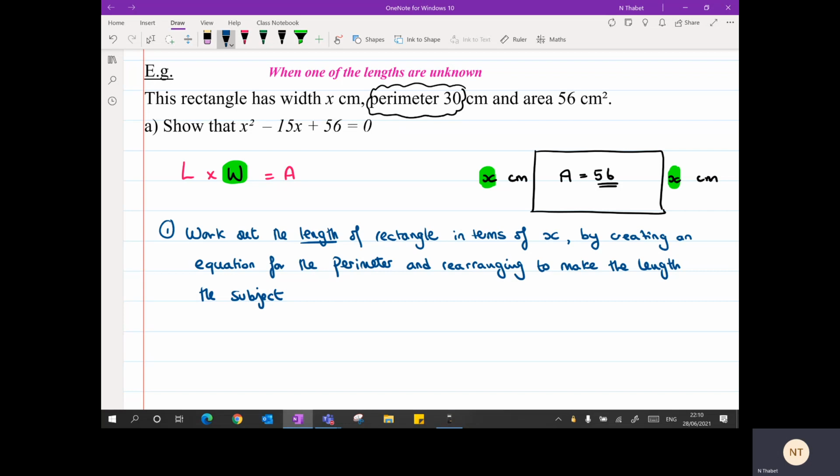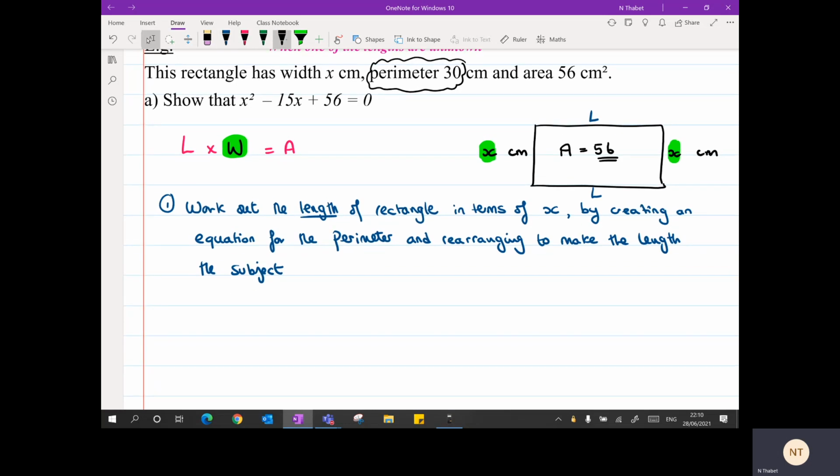So this is length and this is length. I'm going to call it L because length is what we're trying to find. So what is the perimeter of this rectangle? Well, it's an x plus an x plus a length plus a length, and it equals 30 because that's what the question tells you. The perimeter is 30. So this is 2x plus 2L, 2 lengths, equals 30.